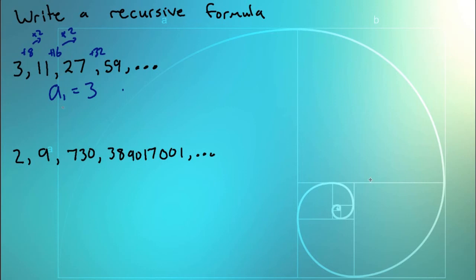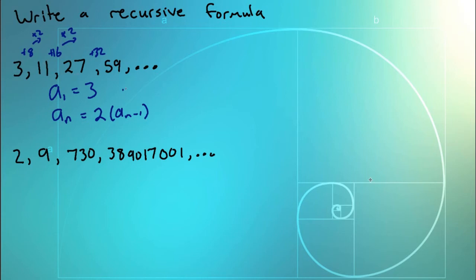Well, I'm going to take a guess. I'm going to guess, because there's a times 2 on each of these, it's the previous term times 2. All right, so if I did 3 times 2, I get 6, right? That's not 11. And if I do 11 times 2, that's 22.